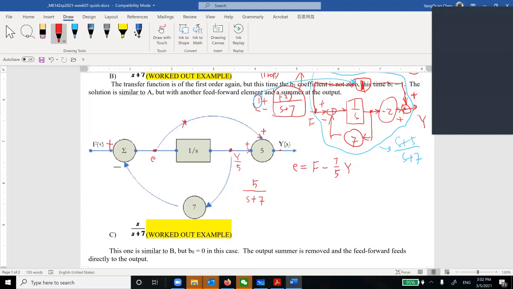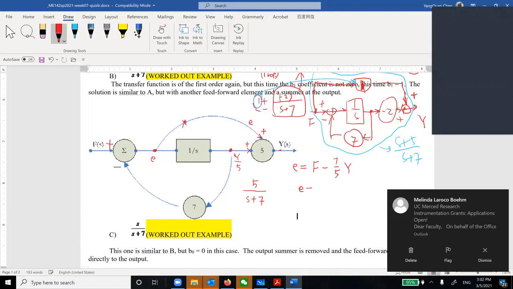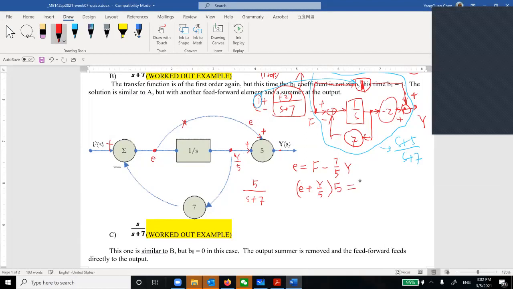Times y. And this E, this is E, right? And this is a one, so then E plus y divided by 5 times 5 equals y, okay?